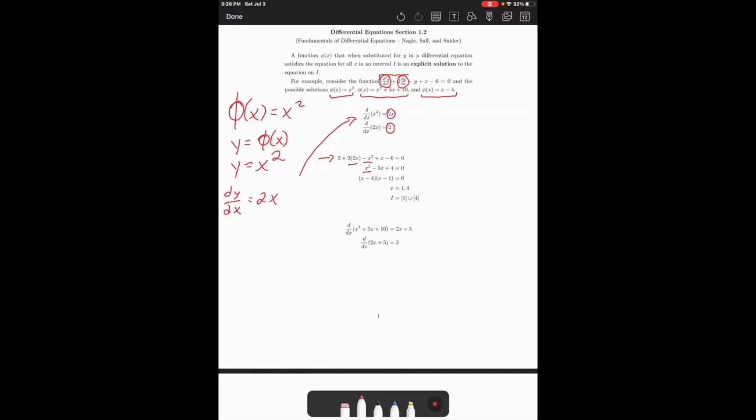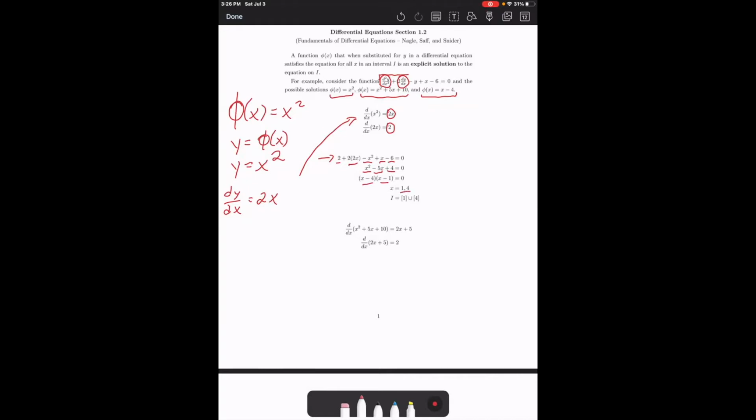I have 4x plus 1x is 5x, so that becomes negative 5x. And 2 minus 6 is negative 4, which becomes positive 4. Now this factors simply into x minus 4 and x minus 1. So we get two values, 1 and 4, that serve as solutions.